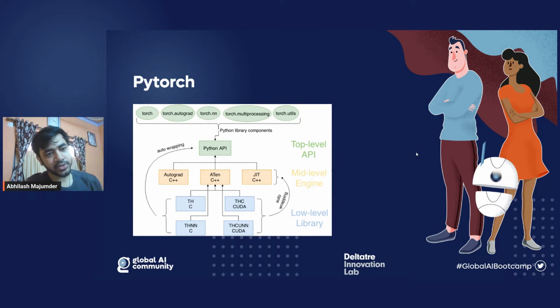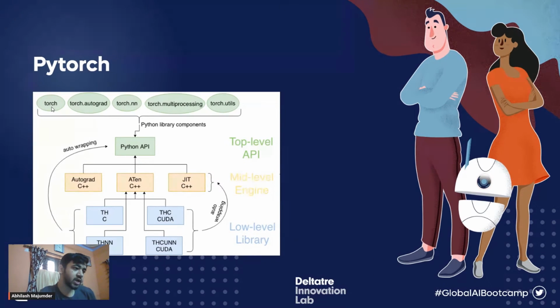There are different submodules inside this Python API. The standard one is torch, which involves everything related to PyTorch in general. This means setting up variables and containers. By containers, I mean vectors or tensors, which are used for computation, matrix multiplication, and other stuff. The second module is called torch autograd.